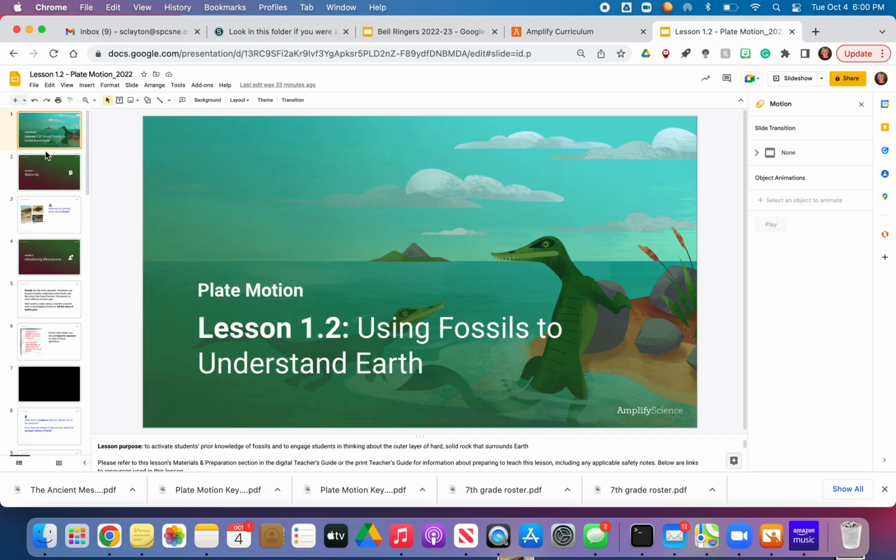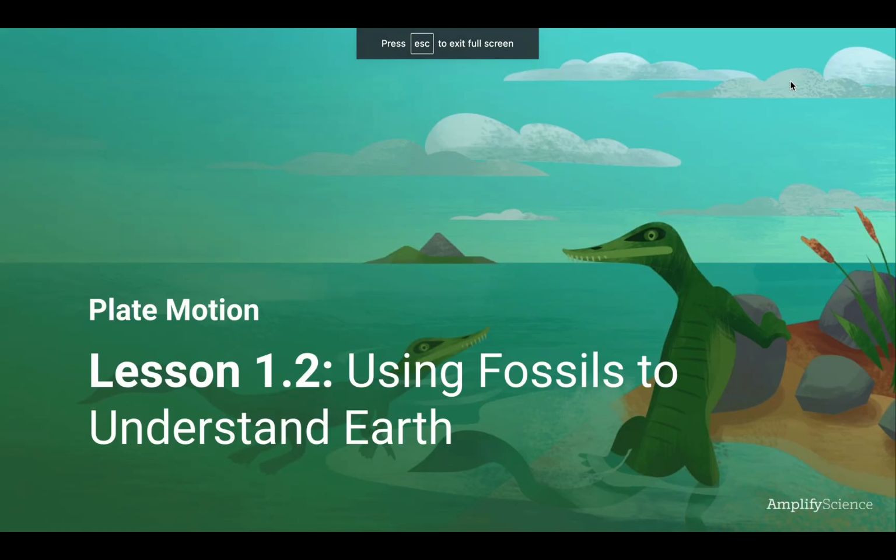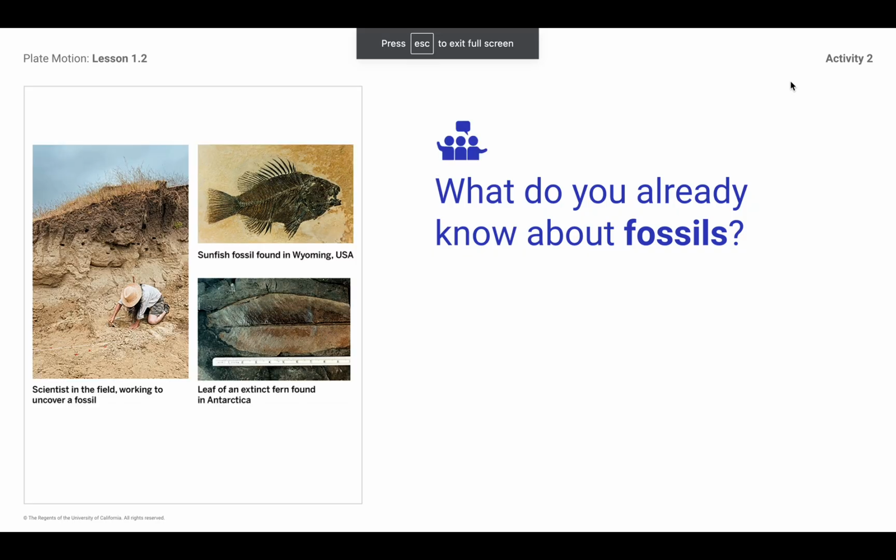Okay, so this is just a review for those of you who are in class and just need a review, or if you were gone, this is just a very quick summary about what we talked about. The kids started out today with a warm-up where we just talked about fossils. What do they already know about fossils? We talked about how some people find fossils in rocks. We've got lots of fossils around Nebraska because Nebraska used to be underwater.